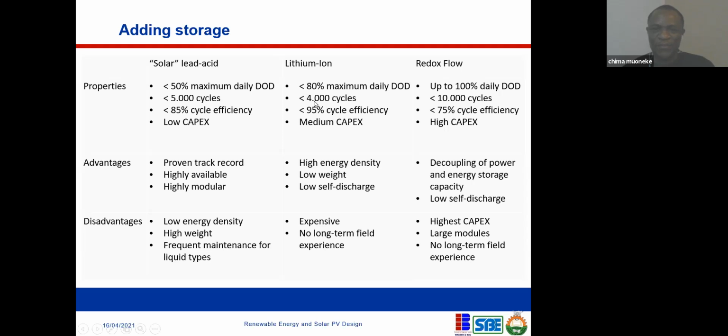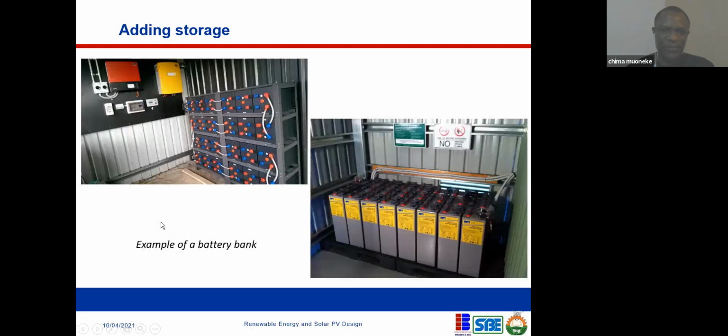For lithium ion, you have 95% cycle efficiency, whereas for the redox flow, you have 75%. So these are basically the characteristics of different categories of battery. They have their advantages and disadvantages, and you can read them up. This is just an example of a battery storage bank. What you can see here are lithium ion batteries, whereas these are lead acid batteries.